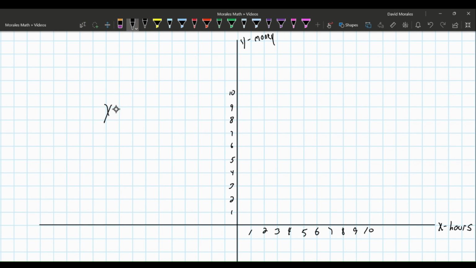So in this equation, remember that 7 is the m, or the rate of change, and in this illustration, it's $7 an hour. And of course, x is hours, and y is the result, your paycheck, the amount of money.